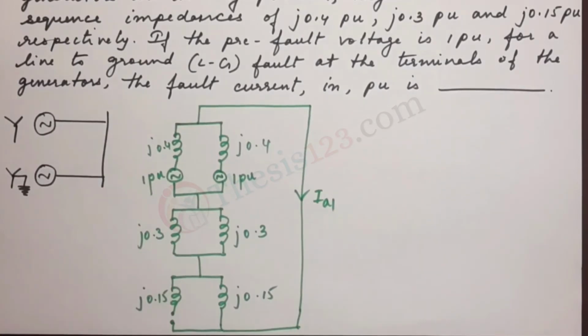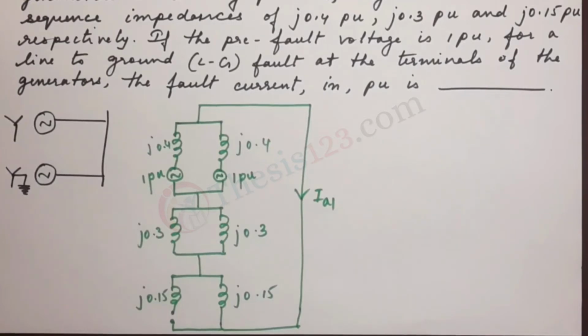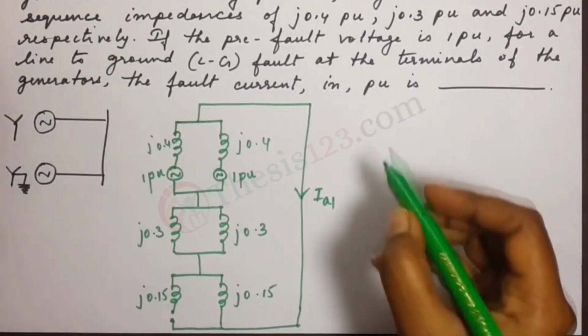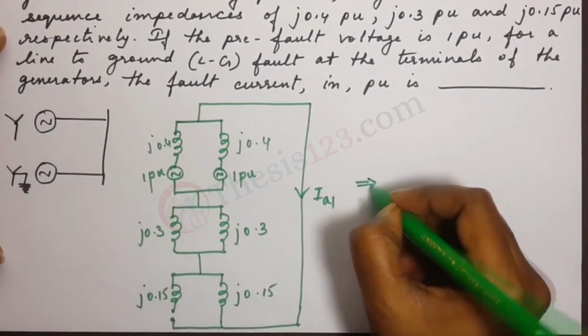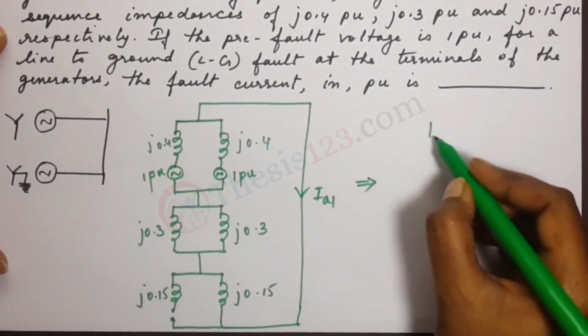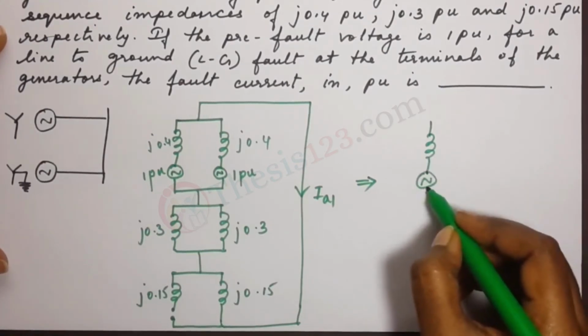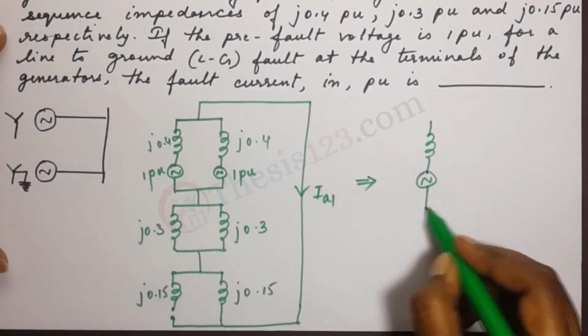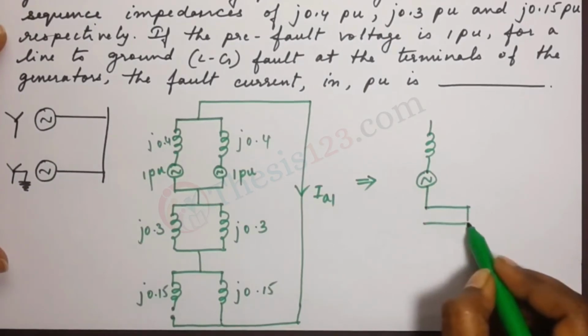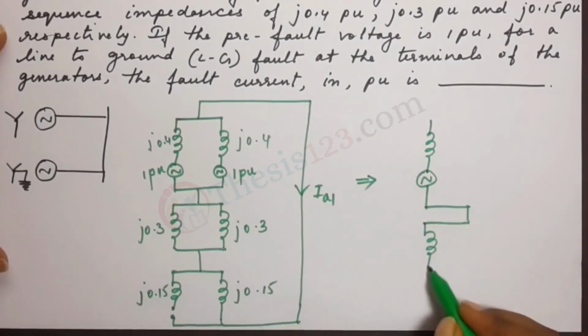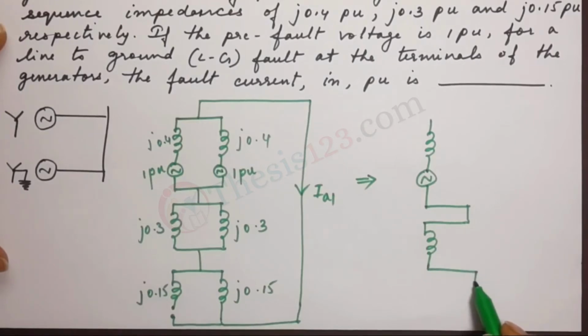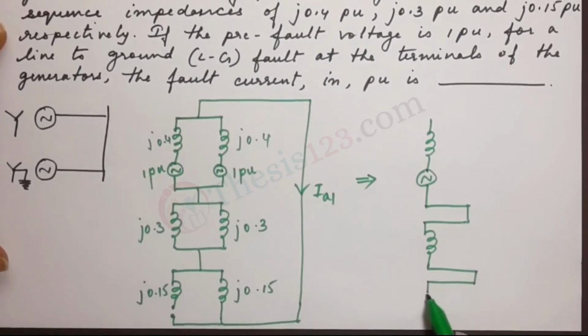Now let's say that a line to ground fault occurs at the terminals of the generator. Okay, so now a fault occurs, and when that happens, the diagram would turn into an equivalent circuit diagram. We're going to draw out an equivalent circuit diagram here.